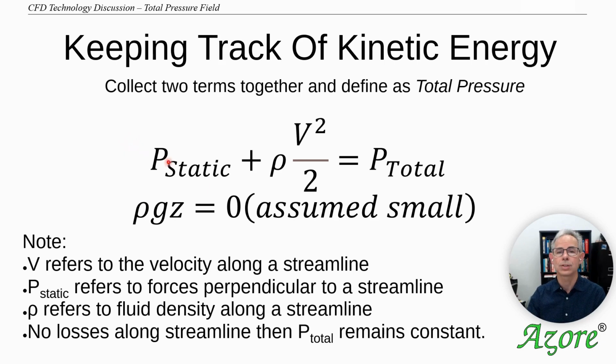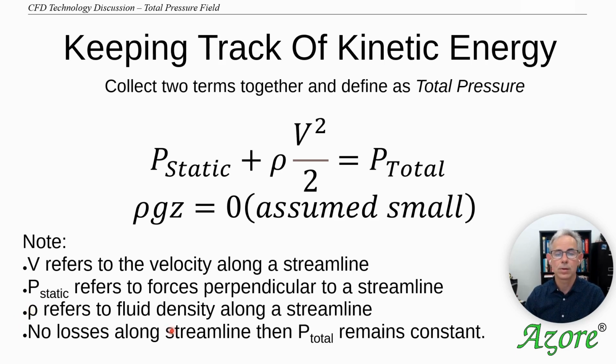and we're going to group these two terms of the momentum equation together and call them total pressure. That's really what total pressure is, where V refers to the velocity along the streamline, P refers to the forces perpendicular to the streamline, but along the streamline, and the density refers to the fluid density along the streamline.